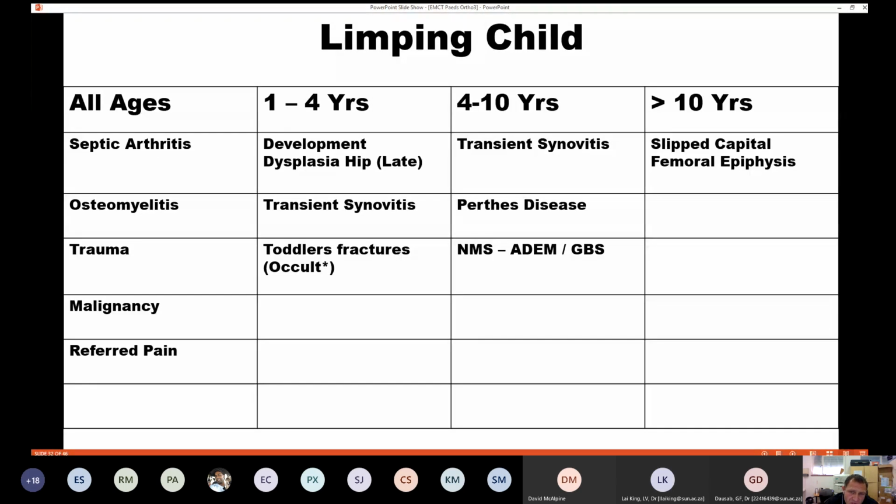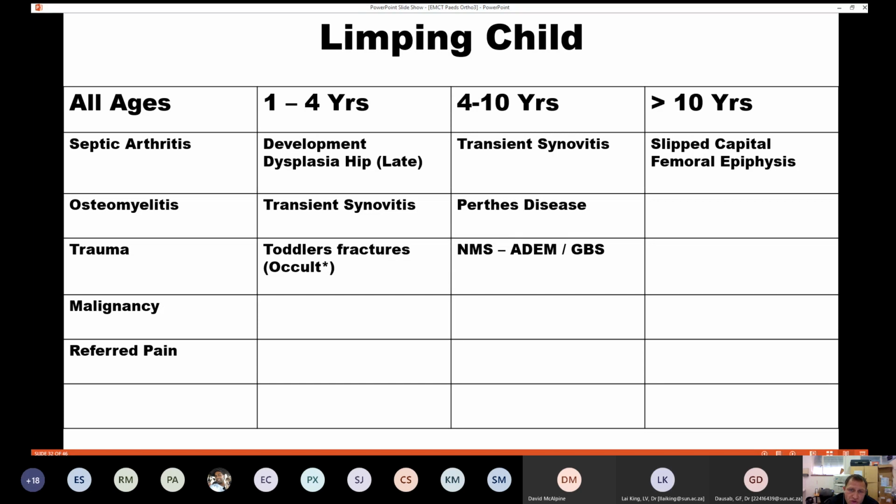Then again, 4 to 10 years, transient synovitis still there, Perthes disease, and then neuromuscular conditions, including acute disseminated encephalomyelitis and Guillain-Barré syndrome, although these are generally rare in children. And then more than 10 years, SCFE or slipped capital femoral epiphysis mostly appears in the older children, depending on gender, obviously.